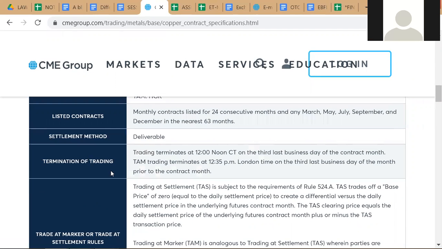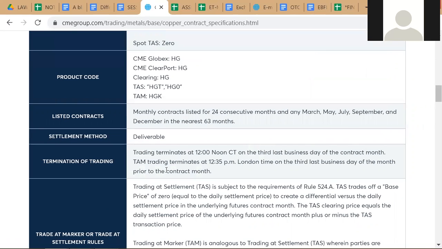Look at this. Trading terminates at 12 noon CT, meaning Central Time, Chicago time. Chicago is 1 hour behind New York. New York is on Eastern Time, and CT is Central Time. This is on the third last business day of the contract month. The TAM is trading at market, so we don't have to worry about this. So trading terminates at 12 noon Central Time on the third last business day of the contract month.